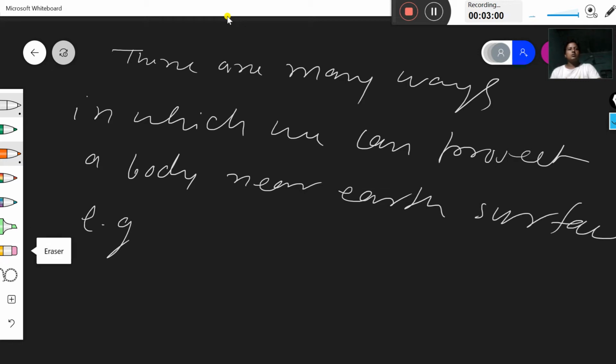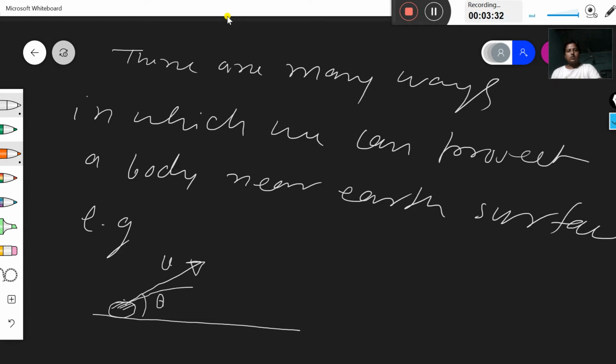As for example, if this is the earth surface, this one is a projectile, we can project at an angle theta at some speed u, and body goes like this.